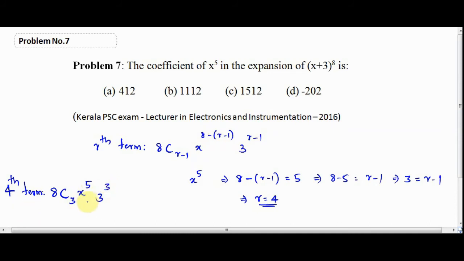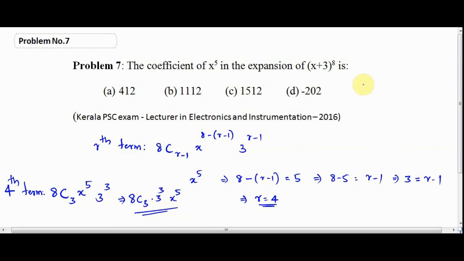So this is the fourth term, 8c3 into x raised to 5 into 3 raised to 3. So here the coefficient of x raised to 5 is 8c3 into 3 raised to 3.